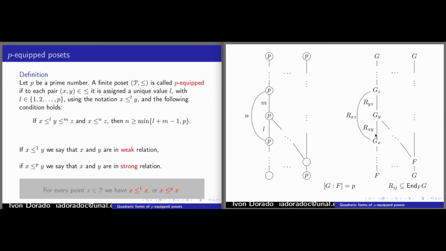For the strong points, we assign F, and in each relation, we assign a subspace with the dimension corresponding to the number we assign to the relation. Now, here we have elements of the algebra, and also here, then we can multiply those elements and we will have an element from here. That's one of the reasons for this condition here that seems so technical at the beginning.